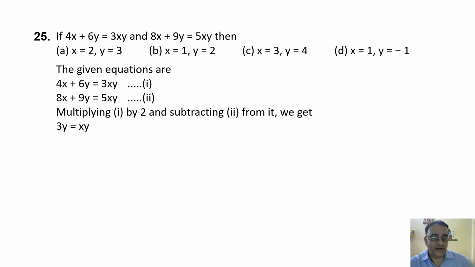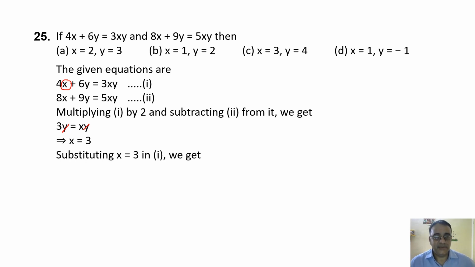So we can cancel y from both sides and we are getting x is equal to 3. This step is clear? Yes, sir. Right. Now we are substituting x is equal to 3 in the first equation. That is 4 into 3 plus 6y is equal to 3 into 3 into y. So this will become 9y.